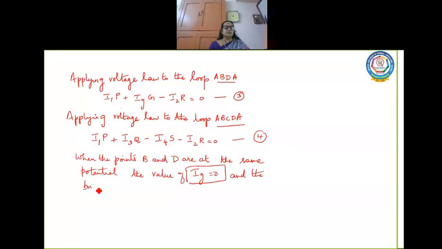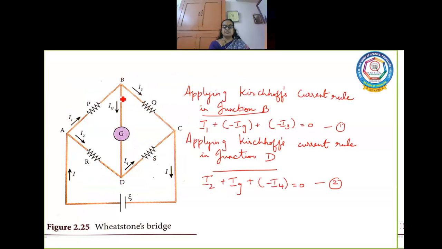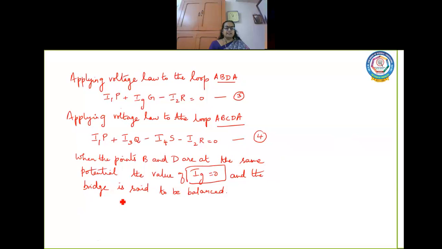Is it clear? So, when Ig is 0, look at the first equation: Ig will be equal to 0. In the second equation also, Ig will be equal to 0. In that case, I1 is equal to I3. Similarly, I2 is equal to I4.